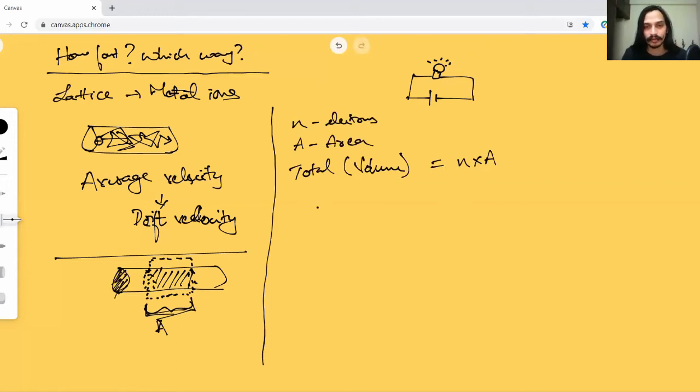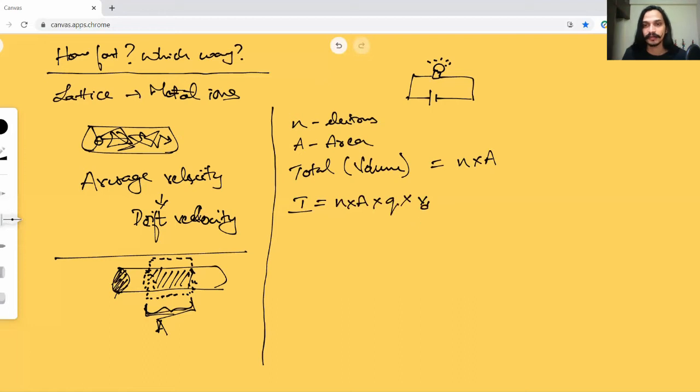Now, what else do we need? We have something called current already. So there's a formula that says I equals n into A into the charge of each electron, q, into the velocity, which is nothing but the drift velocity.